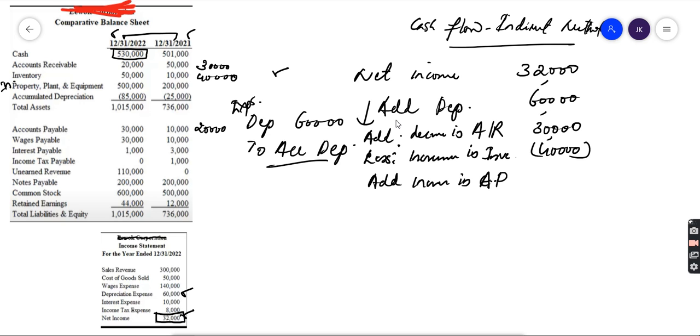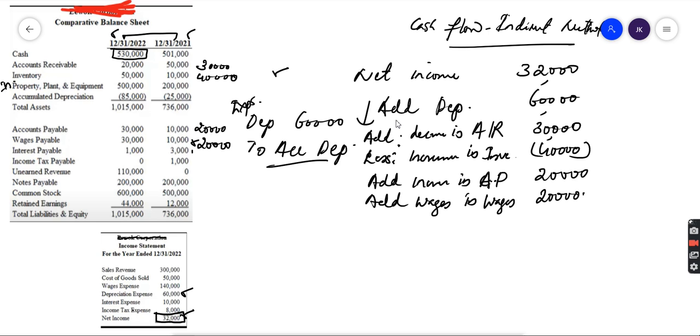So how much is the increase? We will add this one, 20,000. Pretty good, right? Wages payable, another 20,000. That's again okay, an increase in wages. Okay, another 20,000. We would add it. All right.